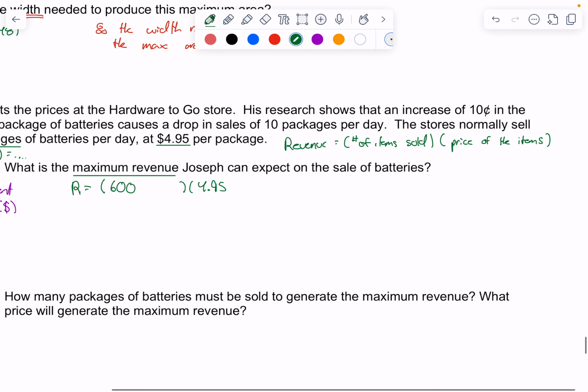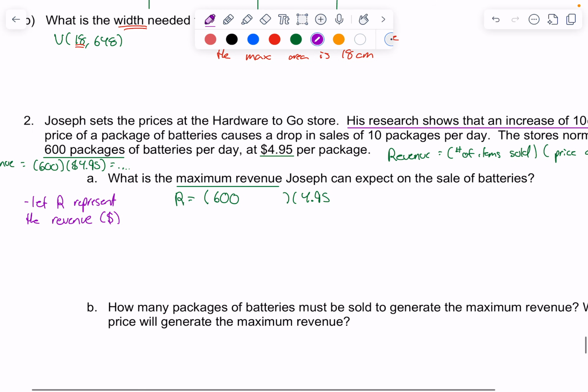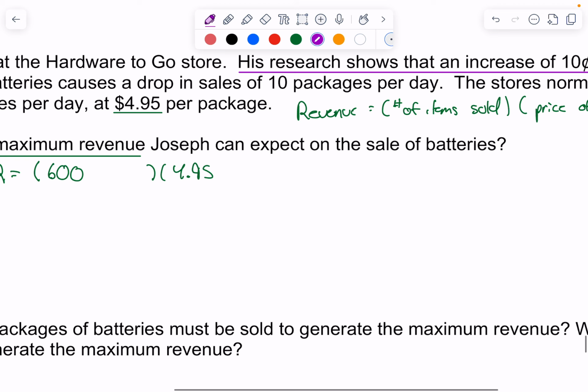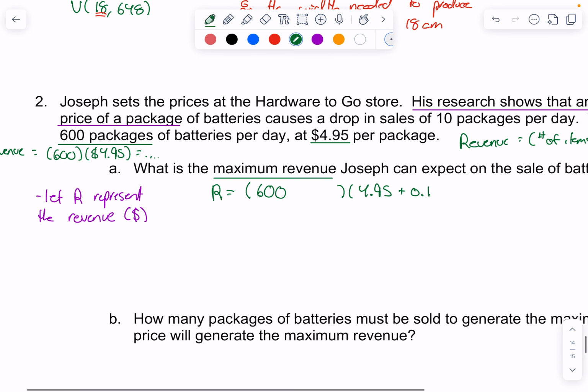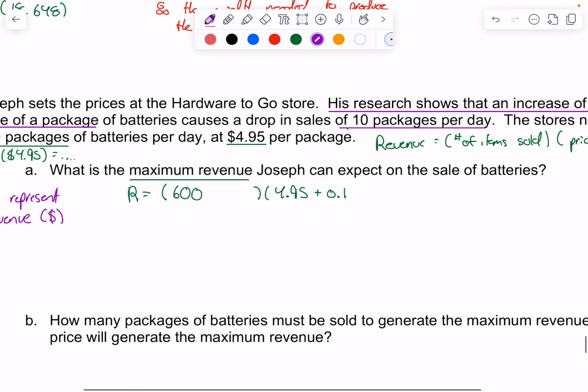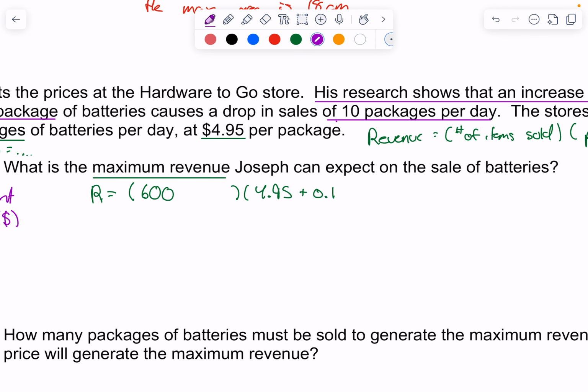Well, this whole part right here, this is what makes it hard. The research shows that an increase of 10 cents in the price of the package. So meaning that if he typically sells them for $4.95, and if he increases it, so adding 10 cents, that means he would sell 10 less packages per day. So 10 less number of items sold.